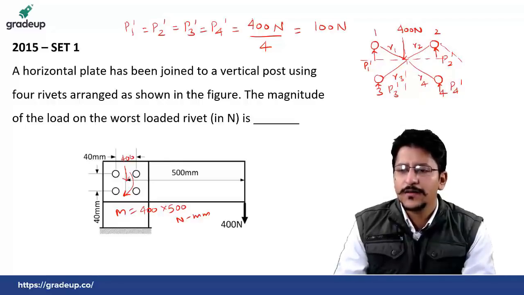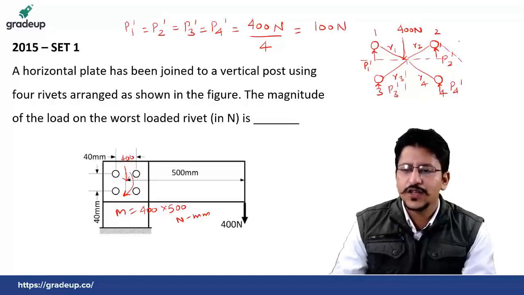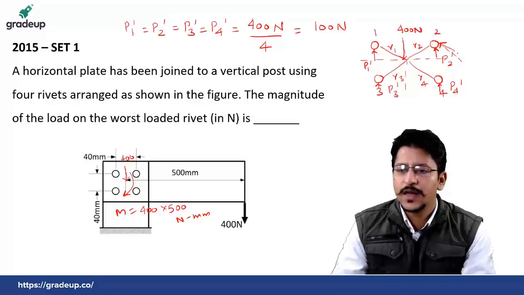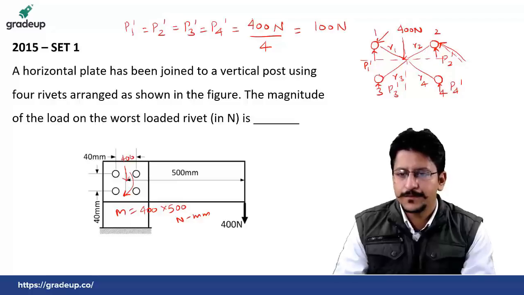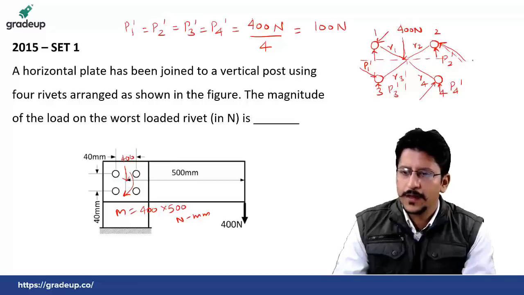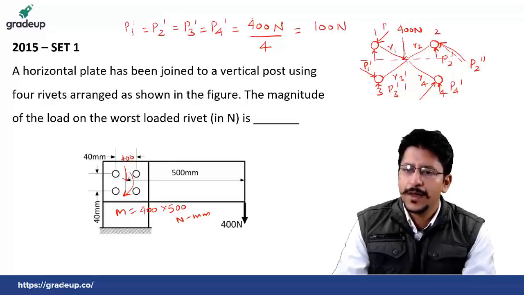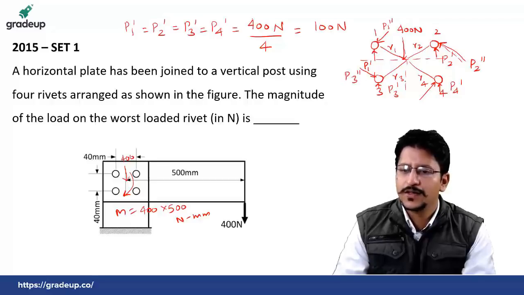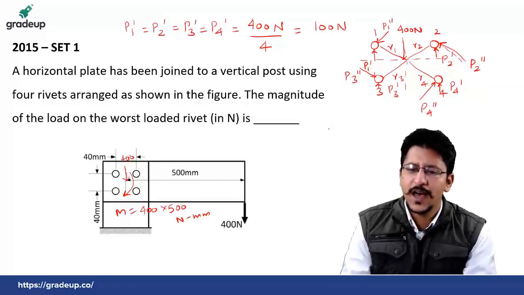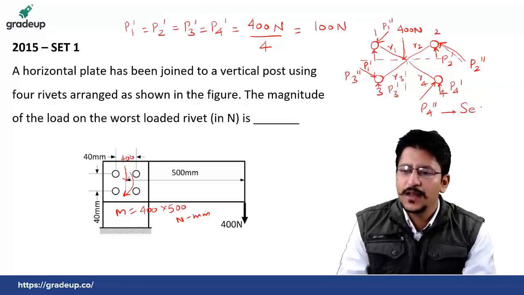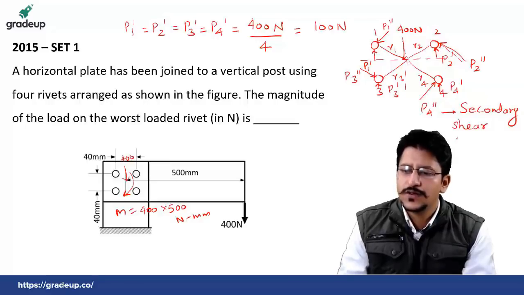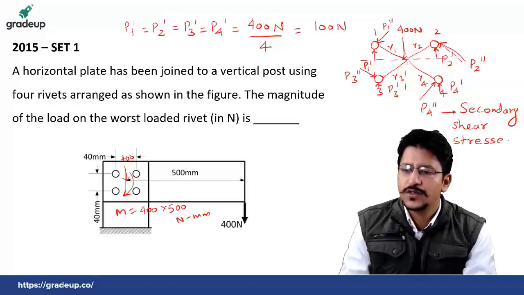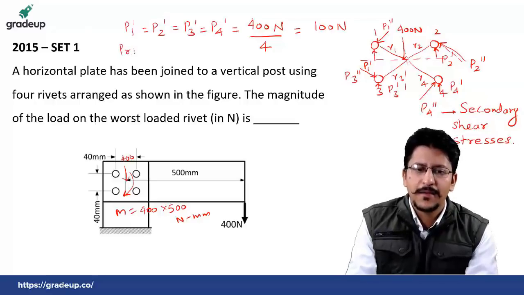Since the moment is acting in a clockwise direction, the resisting forces will act counterclockwise at this point, somewhat like this. This will be P1 double dash, P2 double dash, P3 double dash and P4 double dash, and these are secondary shear forces.